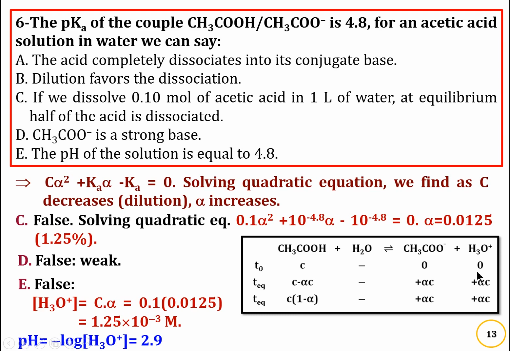The pH of the solution equals minus log of the concentration of H3O+ at equilibrium, so equals minus log alpha C. H3O+ equals alpha C, C equals 0.1 times 0.0125, the calculated alpha, so the concentration of H3O+ at equilibrium equals 1.25 × 10^-3. pH equals minus log H3O+, and you will obtain a value of 2.9, so E is false. The correct answer is B.